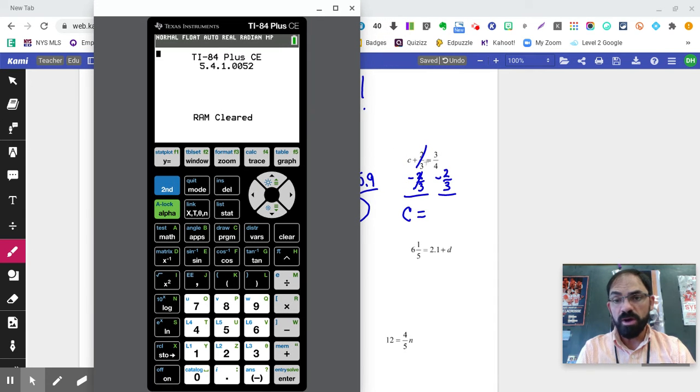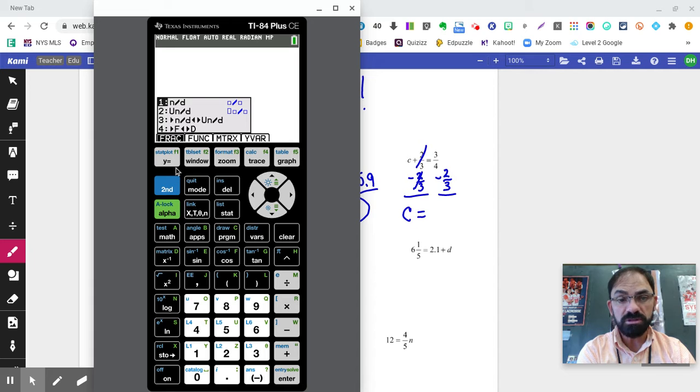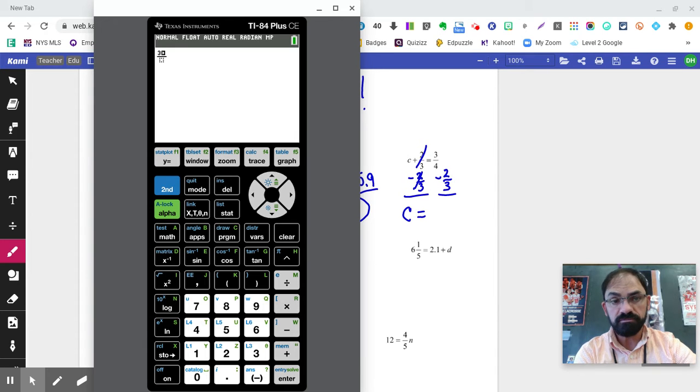Okay, we want 3/4 minus 2/3. So let's clear out what's in there. To get a fraction on my calculator, we hit the green button right here, alpha, y equals, and then the fraction appears. There it is. So we want 3/4, arrow down, 4, arrow out front. So I have my 3/4. And now I want to subtract 2/3.